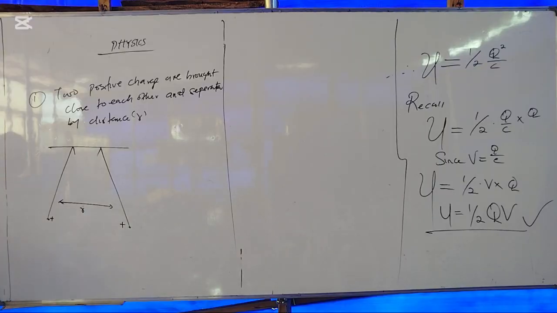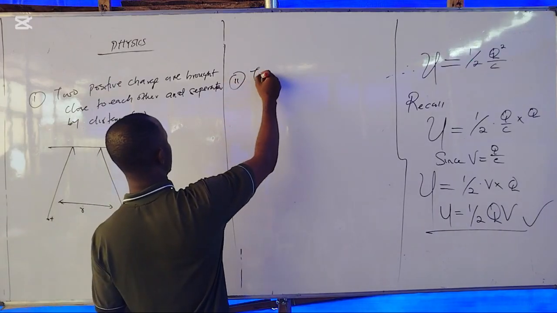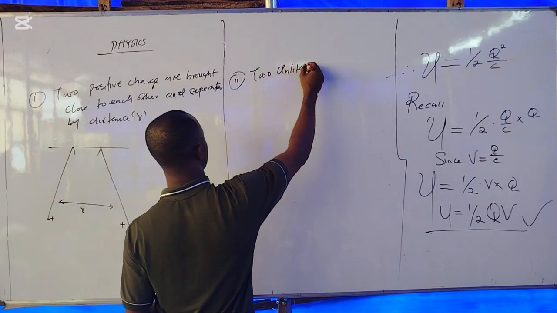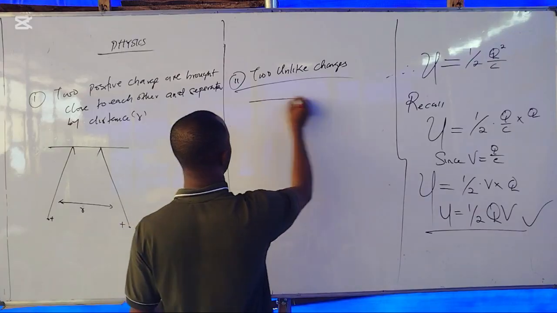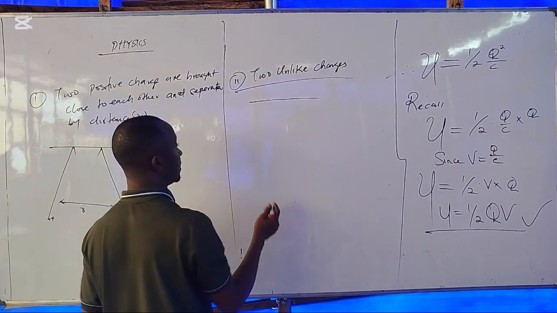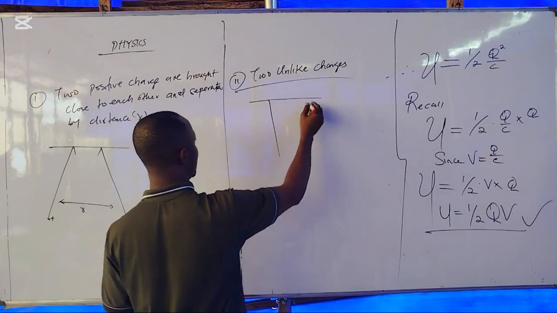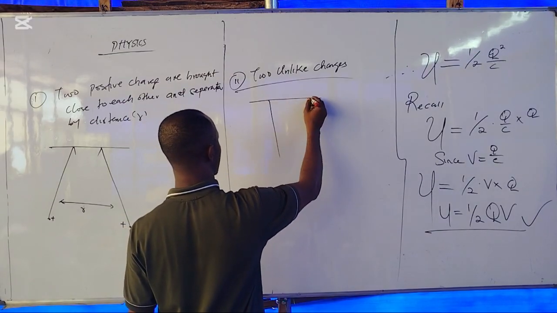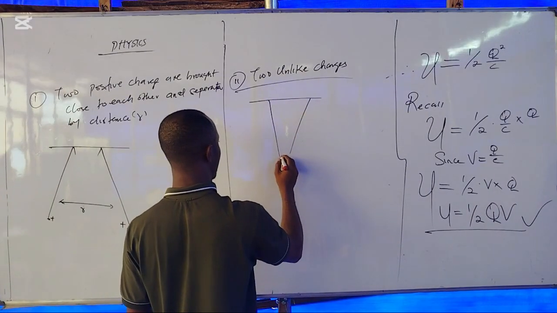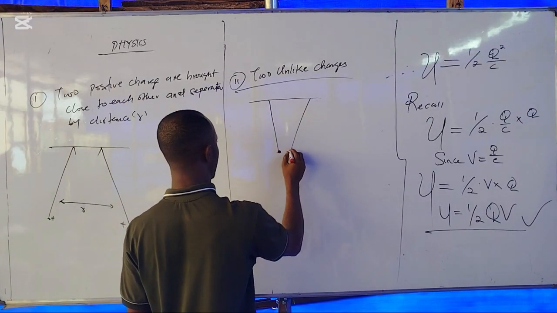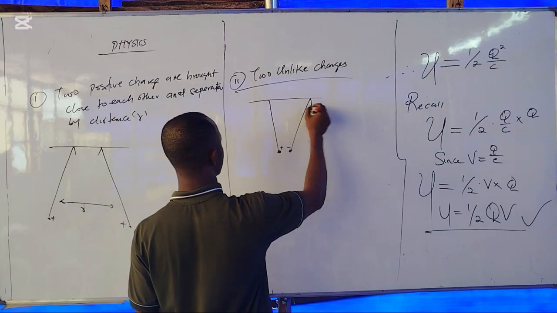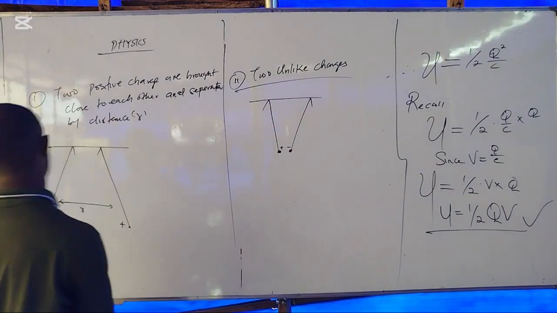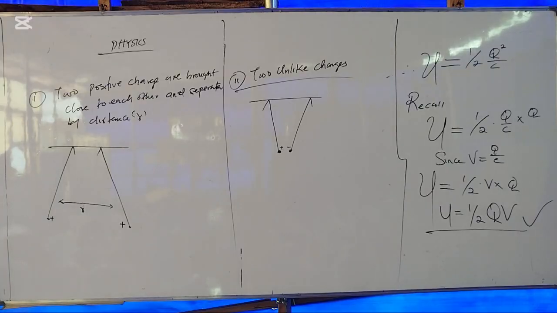Alright? Number 2 is what? 2 unlike charges. Okay? For 2 unlike charges, what do you notice will happen? They will attract, are they? So it will be in this form. Here we have what here? Positive and what? And negative. Are you following? To be in this form. What again? The third one is what? 2 negative charges.